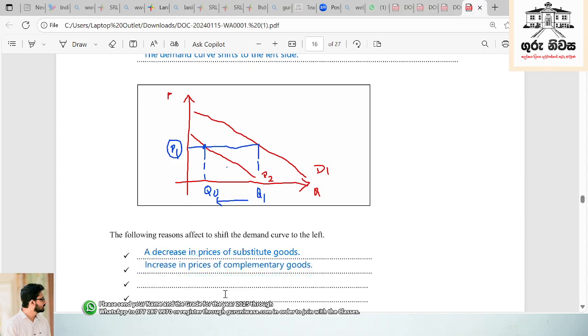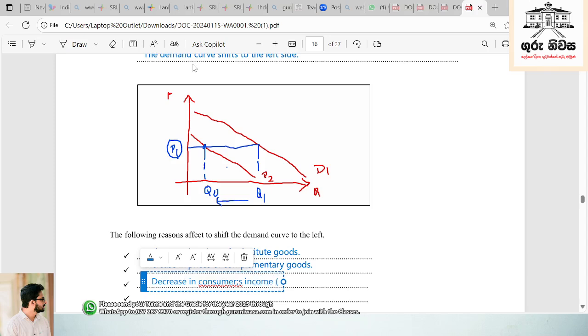Third one, write down: decrease in consumers' income. But within brackets, write down, if the product is a normal product.